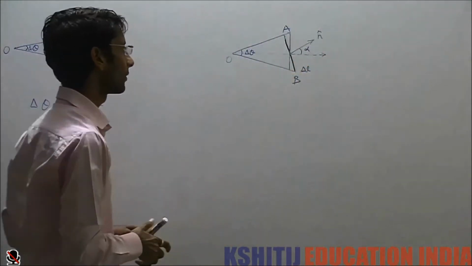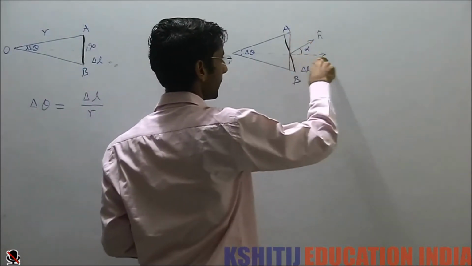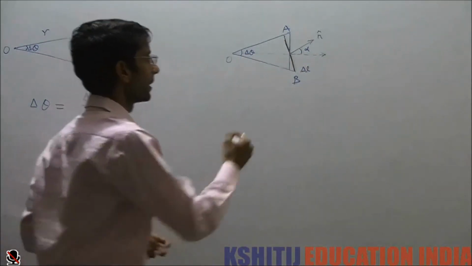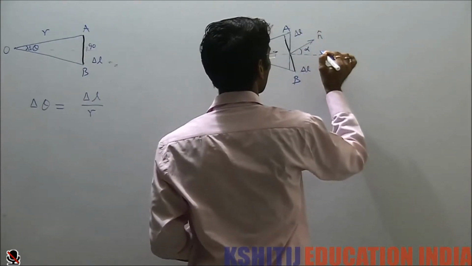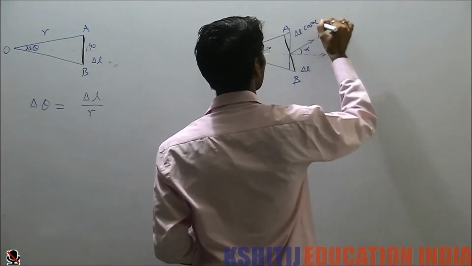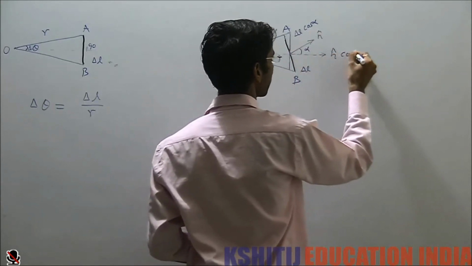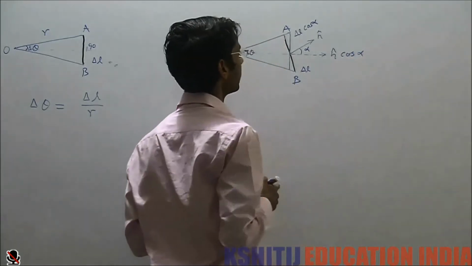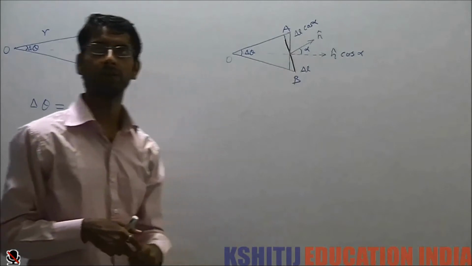So what will be the length of this, which is perpendicular, or which is in the direction of the line coming? Can we say that this will be delta L cos of alpha? Why? Because this is n vector, so this vector will be n cos of alpha. If this is delta L, this component will be delta L cos of alpha.